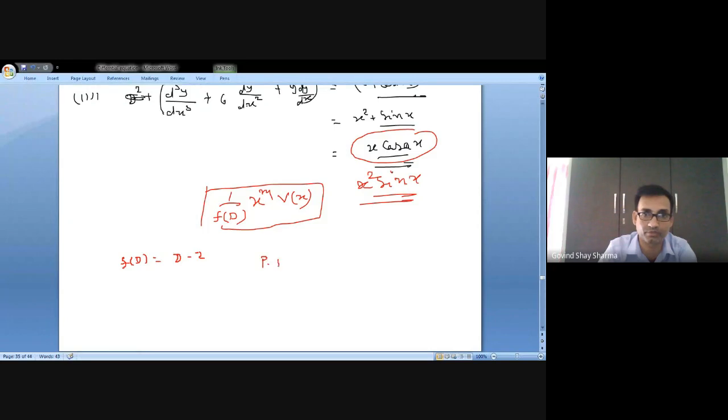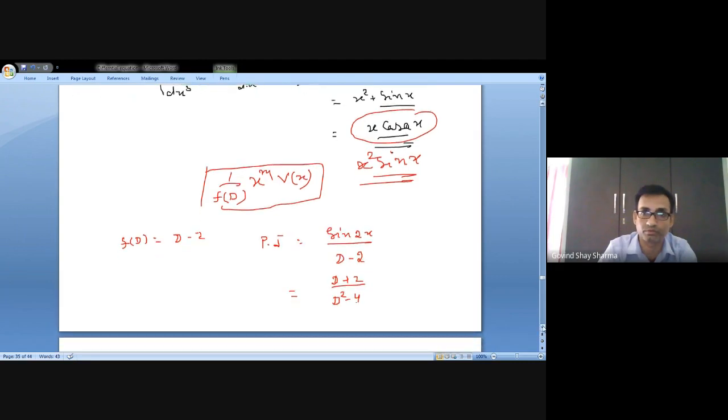PI becomes sin 2x upon D minus 2. Okay, so this is not in D square form. To make the D square form we multiply the numerator and denominator by D plus 2 and we get sin 2x.